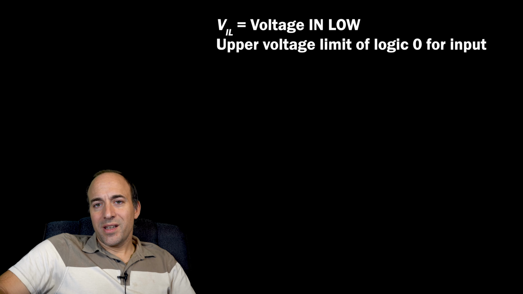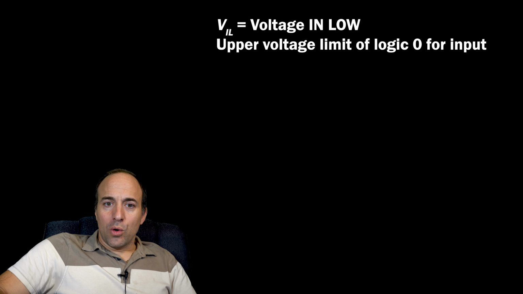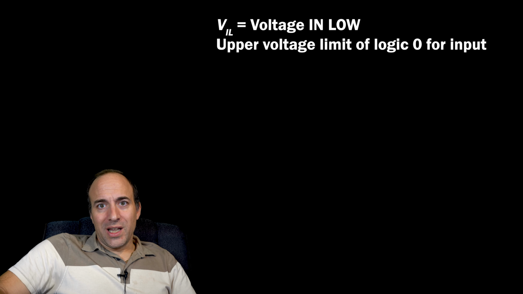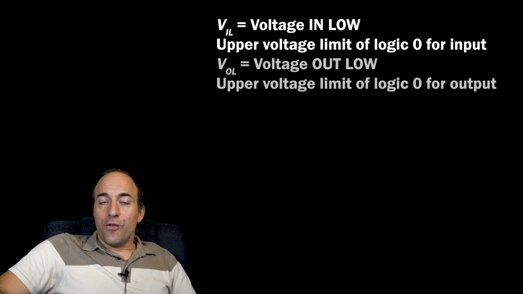For a given semiconductor technology, VIL, or voltage in low, defines the maximum input voltage allowed to represent a 0 input value. This way, any voltage from 0 to VIL is considered a logic 0 input value.